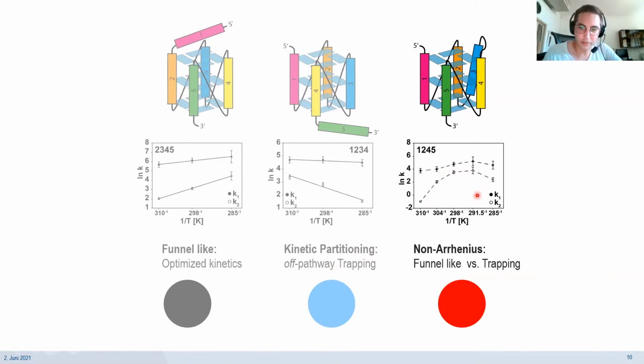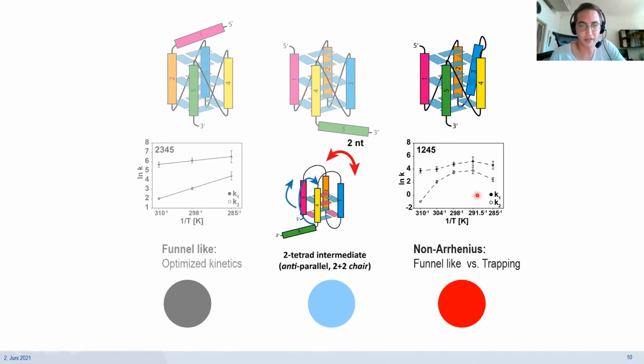To explain this non-Arrhenius behavior, I show you again the structural model we made for the intermediate state. In this blue conformation here, the intermediate is stabilized by the resulting internal two-nucleotide loop. And this also follows from MD predictions that this is optimal to stabilize this conformation.